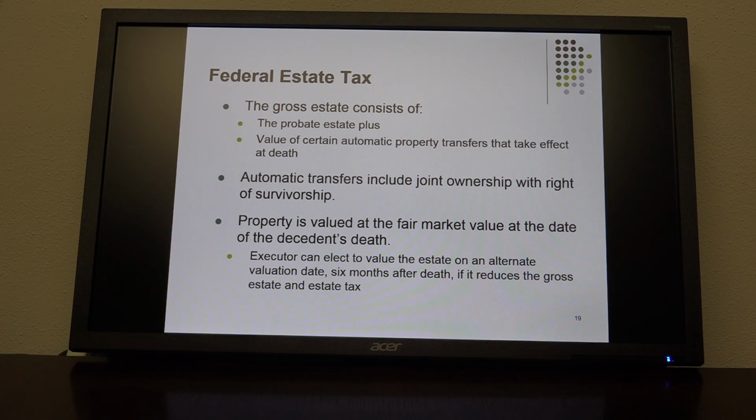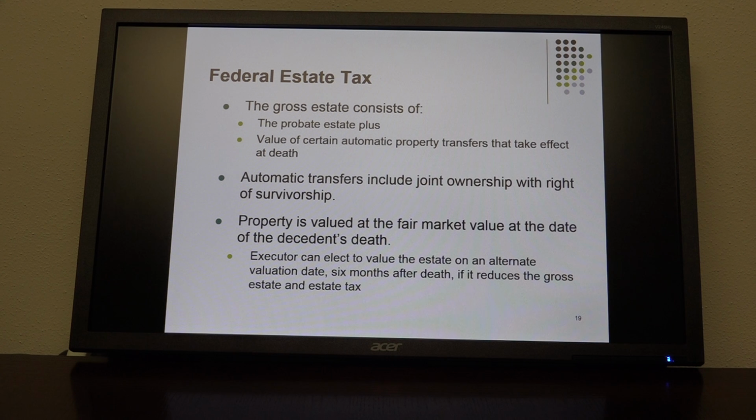Okay, so back to this. Property is valued at the fair market value at the time of the death, but if the executor elects, they can value the estate at an alternate date, which is 6 months after the date of death, but only if it reduces the gross estate and estate tax of the decedent.